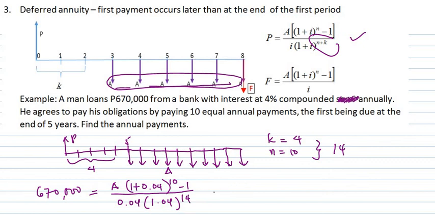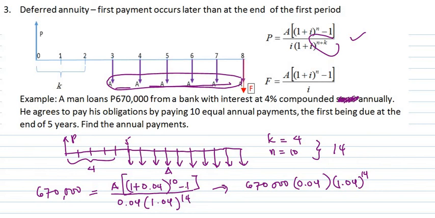Okay, so if we solve this one, we simply multiply 670,000 times 0.04 and then 1.04 raised to 14.